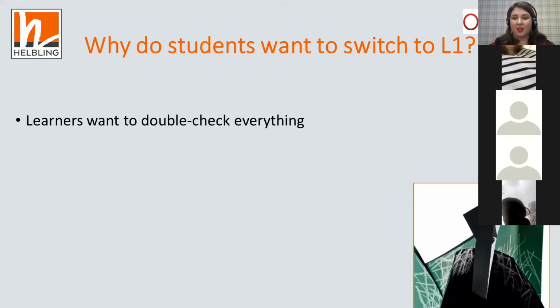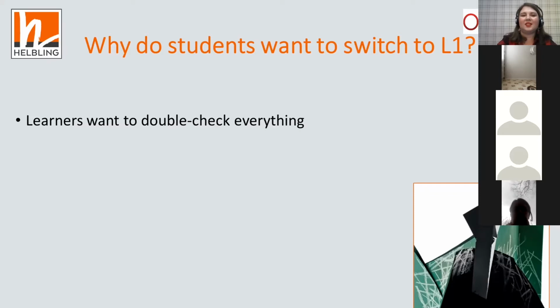Yes, by the way, Yelena, thank you for your comment in the chat box. If they want to double check everything, they really want to be properly understood. Yes, and they also need to double check if they have understood everything right.